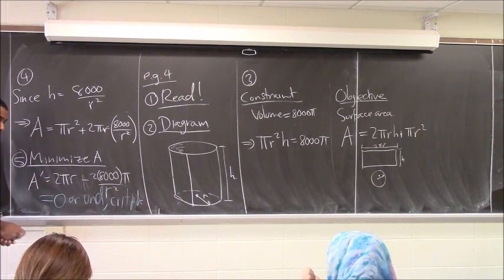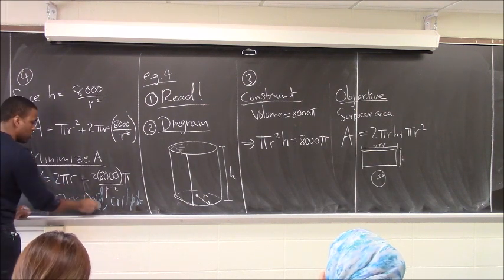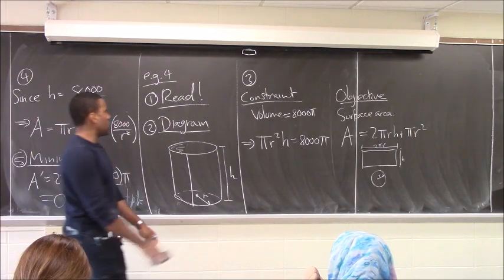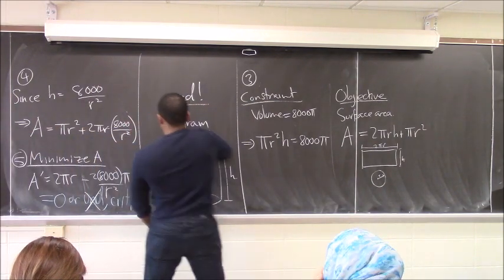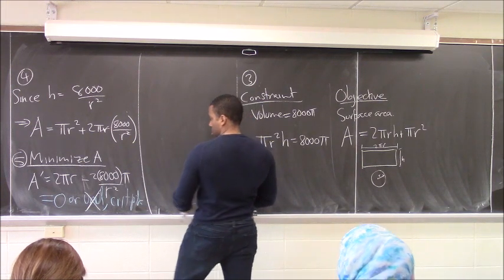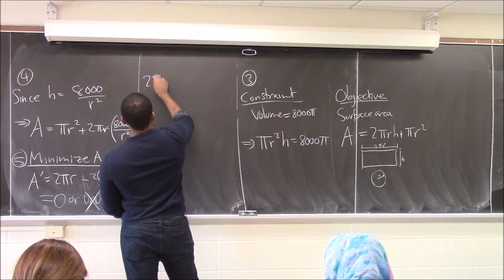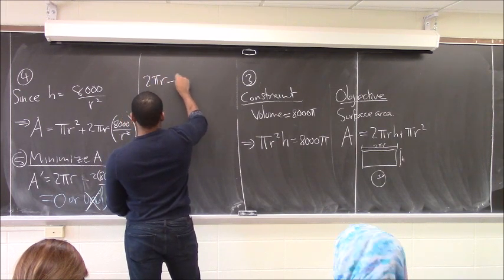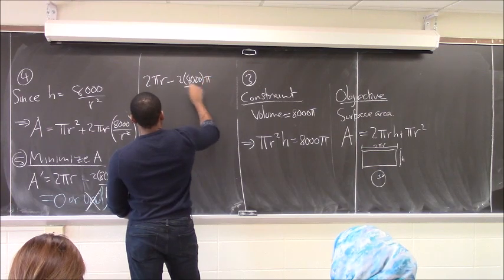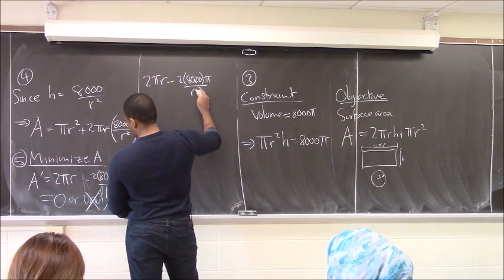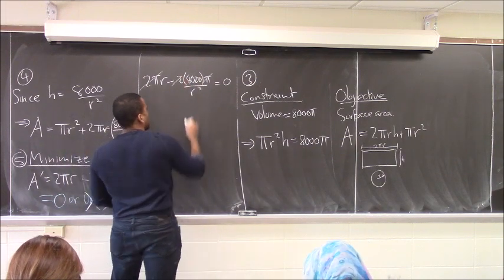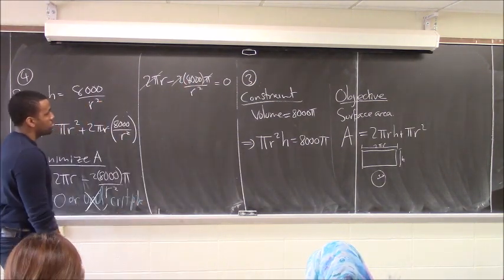Undefined happens when the radius is 0. Obviously, if that's the case, I will not have a can. I'm going to ignore the undefined situation, and I'm going to go with the 0 situation. So now, if I set that equal to 0, I would have 2 pi r minus 2,000 pi over r squared equals 0. I can cancel 2 pi from both sides by dividing both sides by 2 pi.